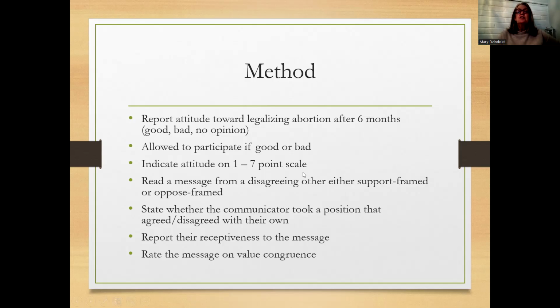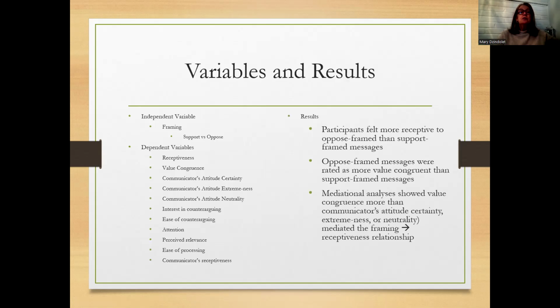They indicate their attitude on a 1 to 7 scale. Then they read a message from a disagreeing other that's either support framed or oppose framed. Then they state whether the communicator took a position that agreed or disagreed with their own. They report their receptiveness to the message. They rate the message on value congruence, and then they answer a whole bunch of other questions that are all of these dependent variables.